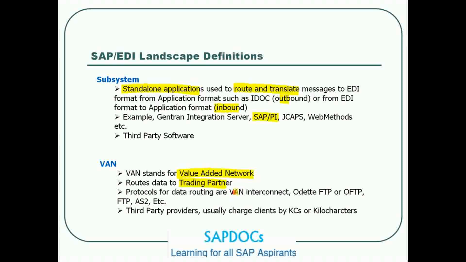It can be VAN to VAN interconnect, OFTP or OFTP2, plain FTP, AS2, etc. And these are third-party service providers, and usually they charge clients, for example your company, by kilo characters transmitted in a given time frame. You could have an agreement with the VAN saying that for a given month you want 1 million kilo characters, and then the VAN is going to charge you based on that.